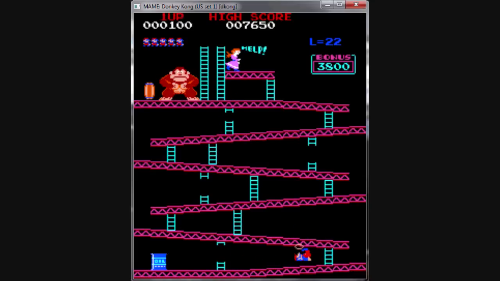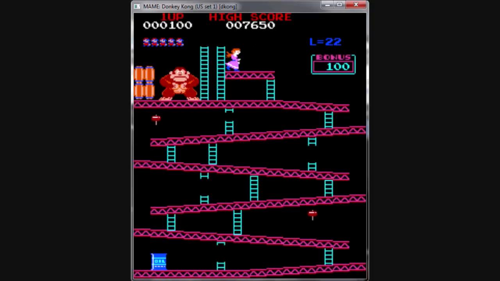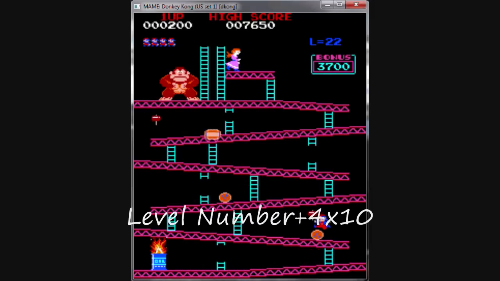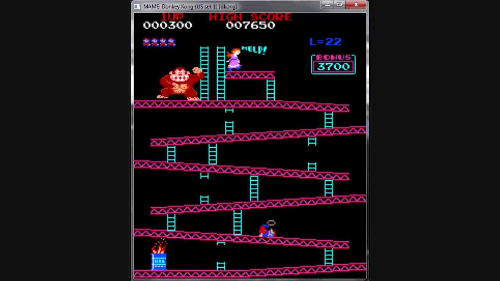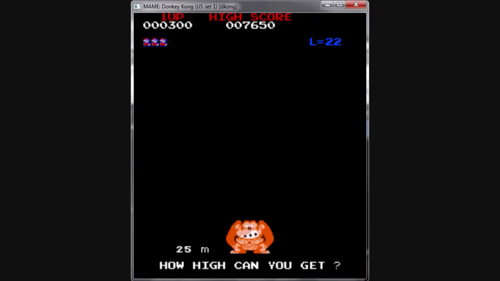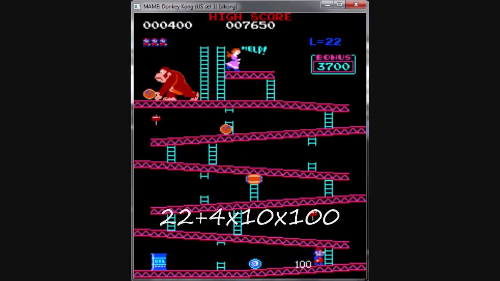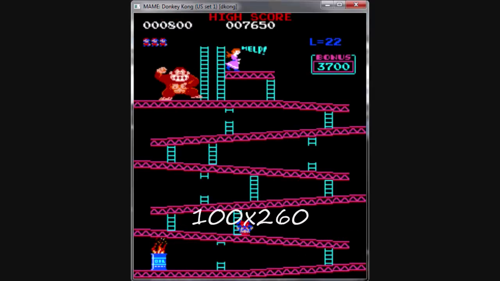And what happens here is, in determining the timer, it takes the level number, adds 4 to it, multiplies it by 10, and multiplies it by 100. And when you reach level 22, you're adding 4 to 22, multiplying it by 10, and multiplying it by 100. So, simplifying that would be 100 times 260.